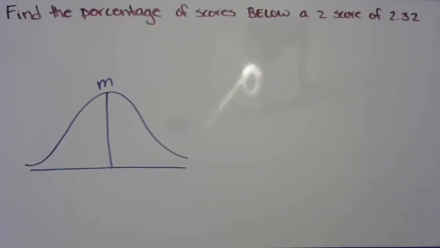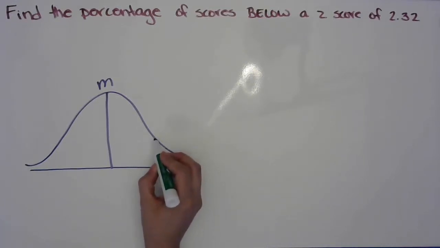Let's try one below a z-score. Find the percentage of scores below a z-score of 2.32. Now we've already drawn our curve, so let's plot, shade, and percentage. So our z-score is a positive number, so it goes to the right of the mean. So let's put it right here.